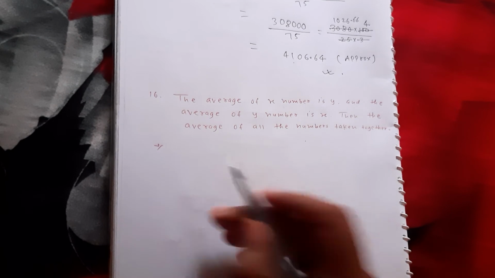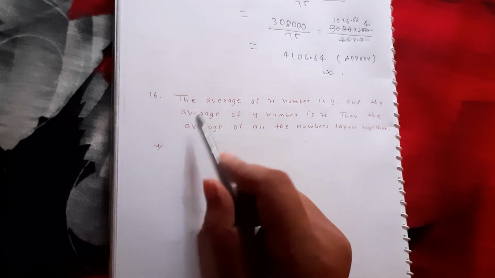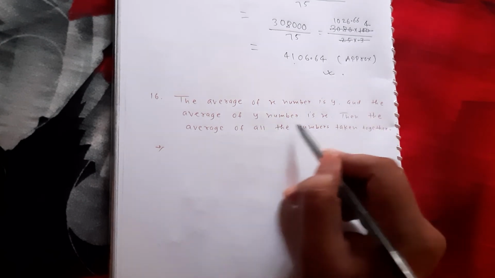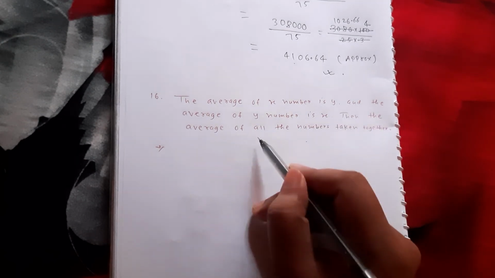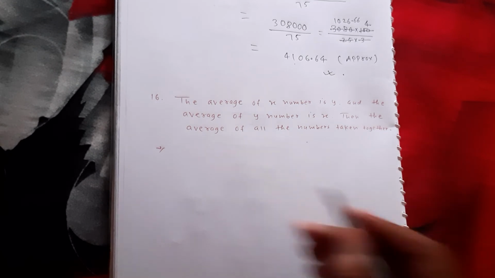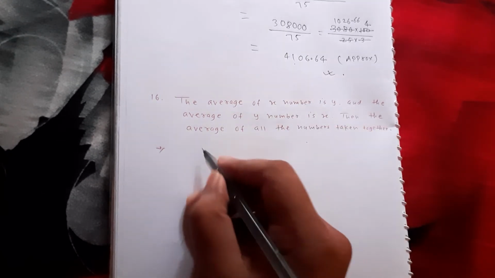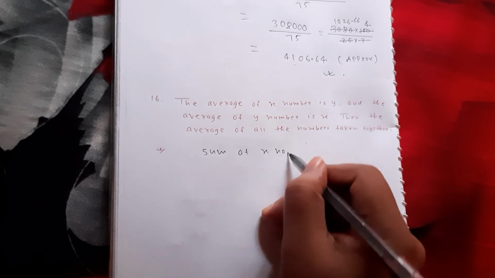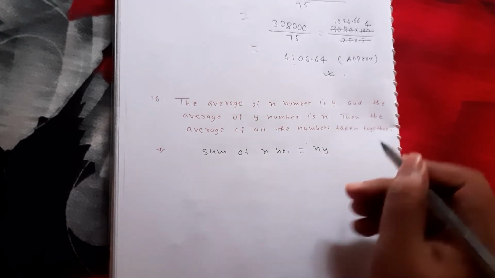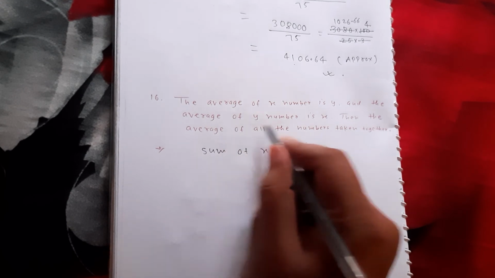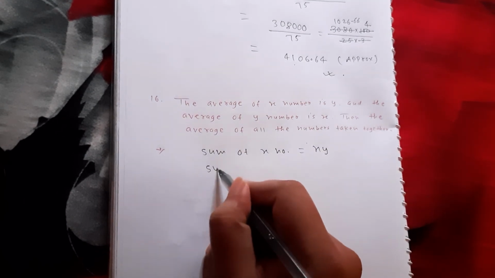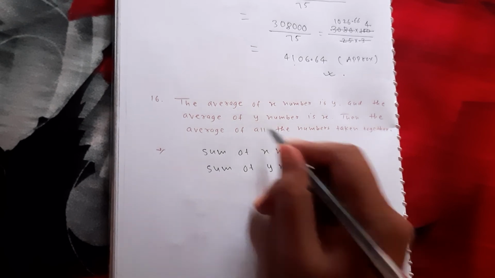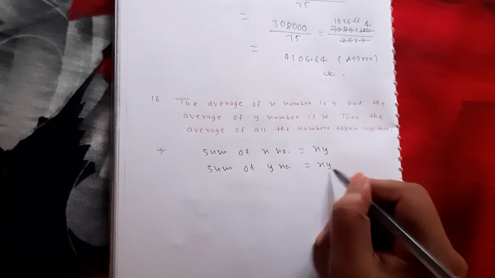Next, and this is the last sum. The average of x numbers is y and the average of y numbers is x. Then the average of all numbers taken together? Okay, the average of x numbers is y, then the sum of x numbers equals xy. The average of y numbers is x, then the sum of y numbers is also y into x, that is xy.